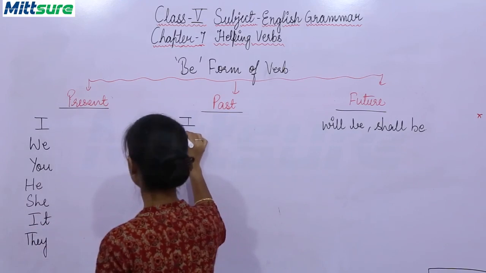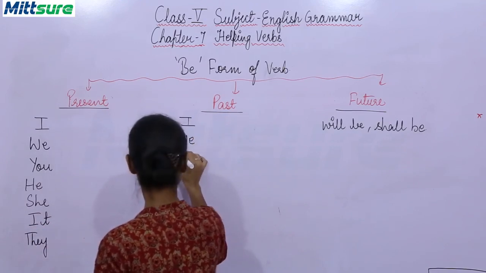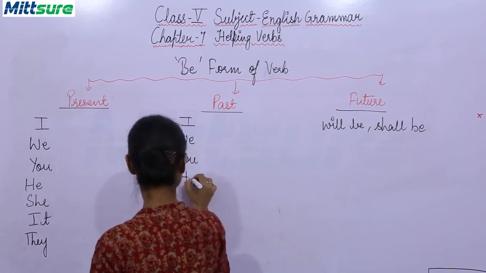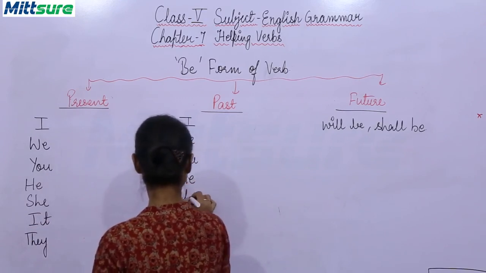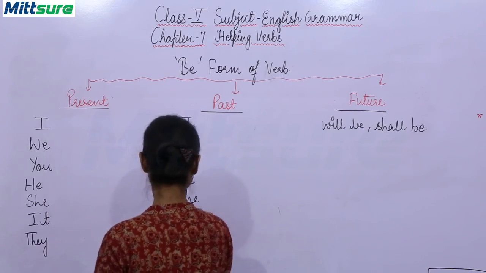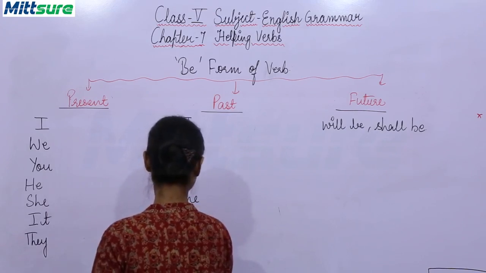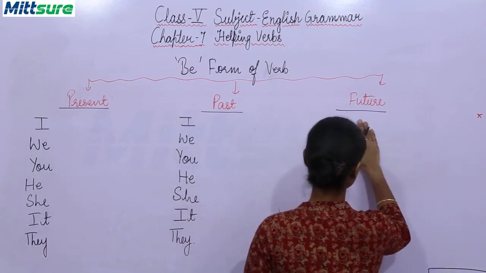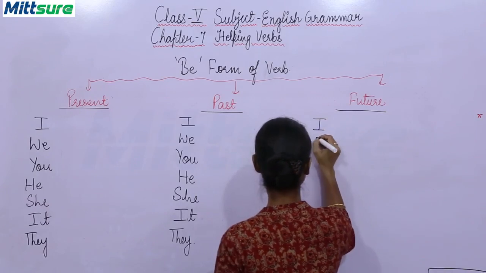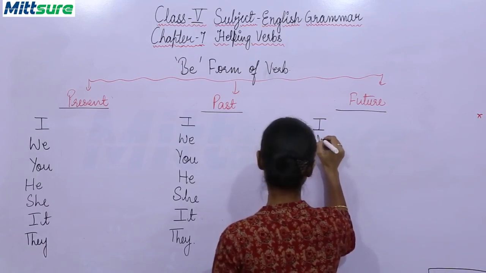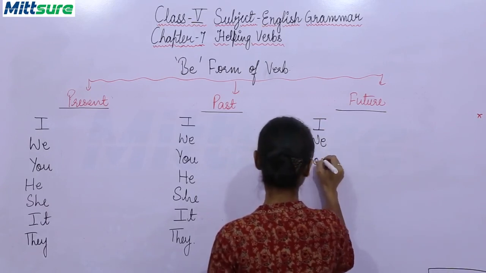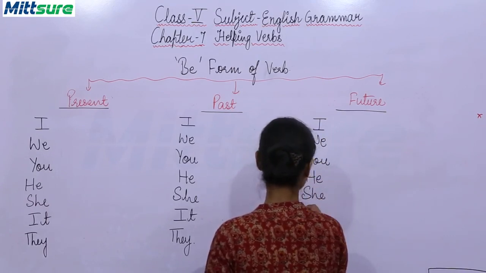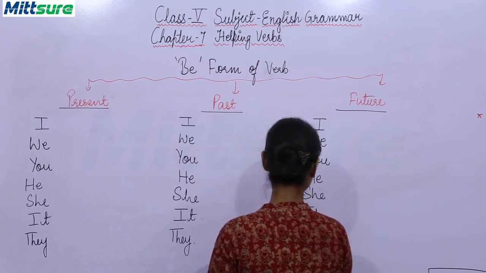I, we, you, he, she, it, they. And here I'm going to write the same thing. I, we, you, he, she, it, and they.